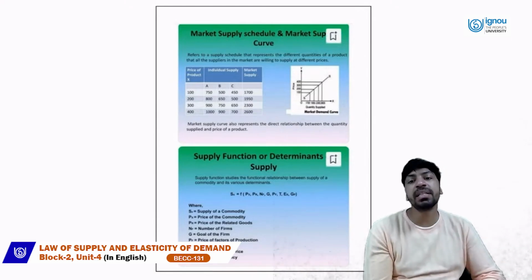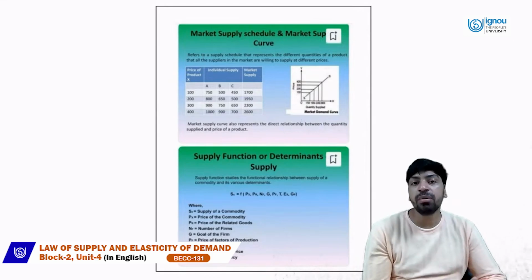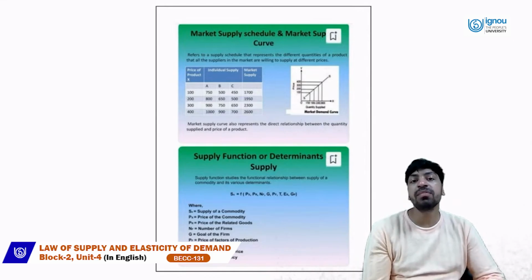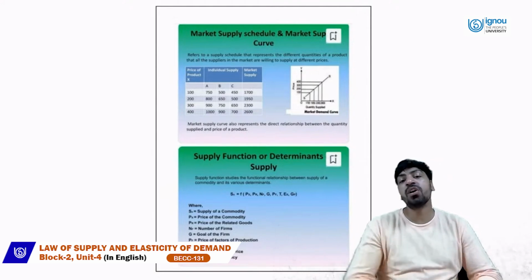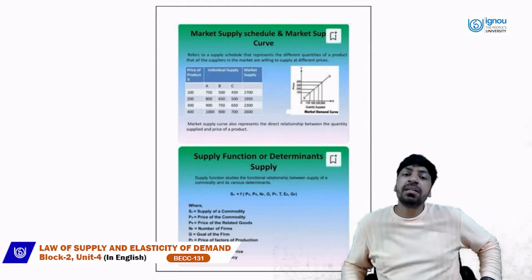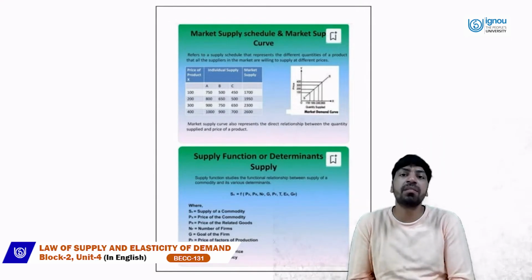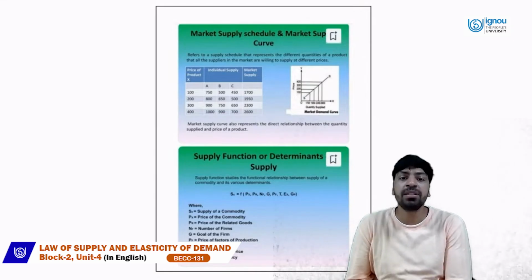So it represents a direct relationship between the quantity supplied and the price of a product. To conclude, it shows a functional positive relationship between the quantity supplied and the price of a product by suppliers, sellers or producers. That's called the market supply curve and the market supply schedule.